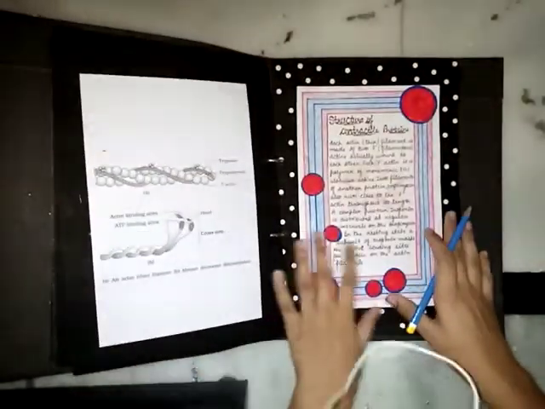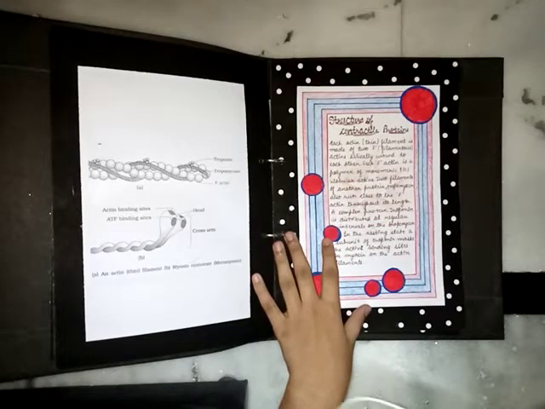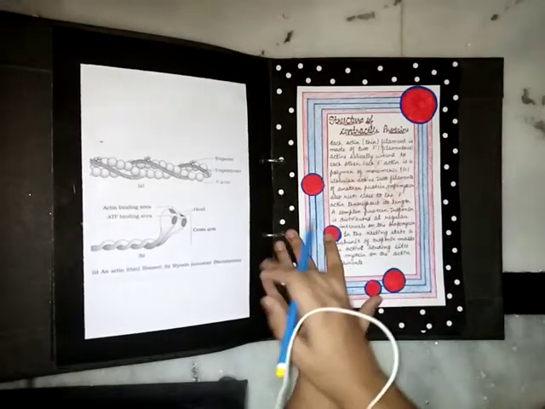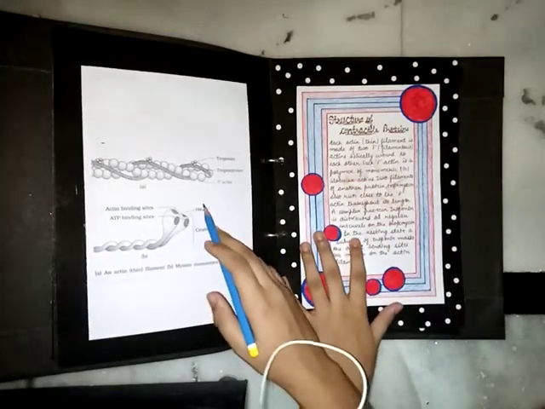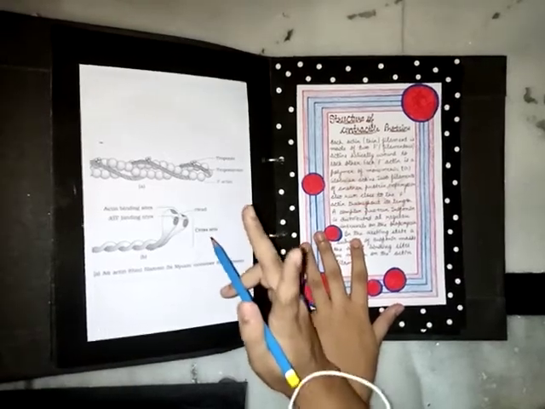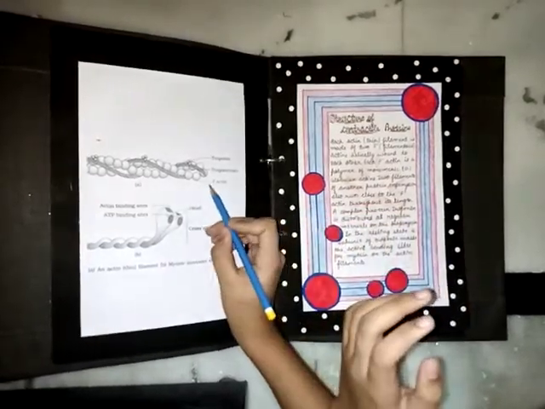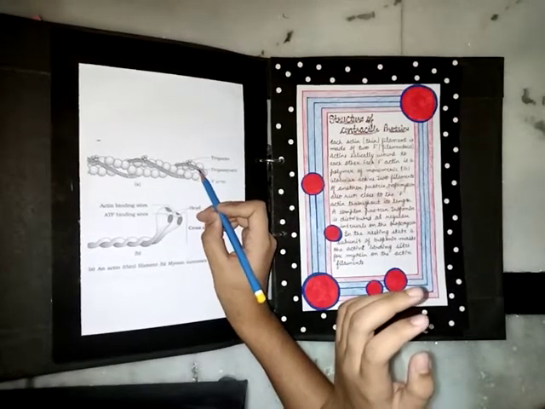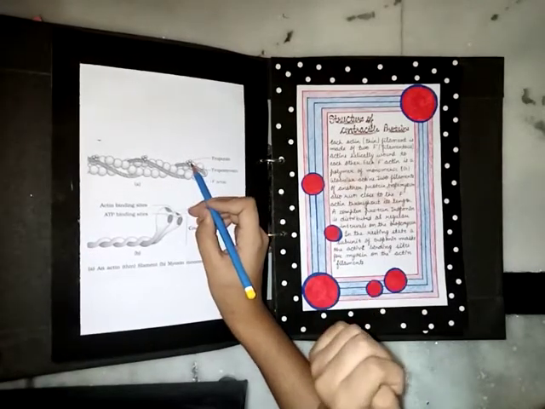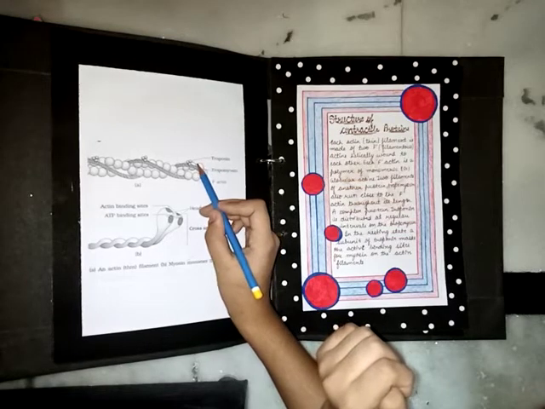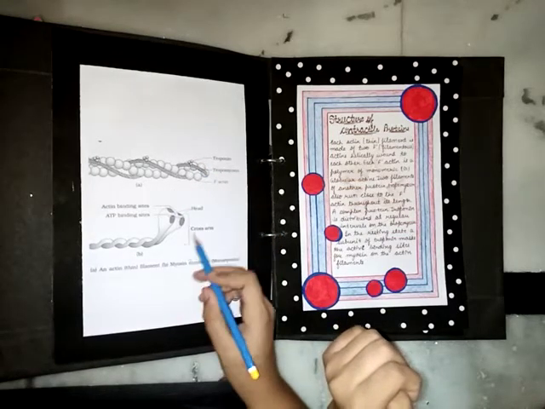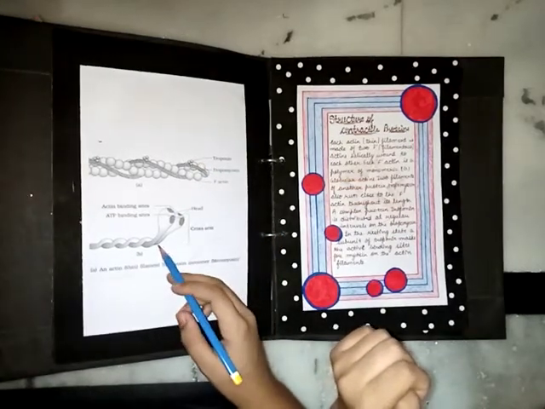Now we are going to study the structure of contractile proteins. Each actin filament is made up of two F actins helically wound around each other. This is F actin, this is tropomyosin, this is troponin. This is a myosin monomer.